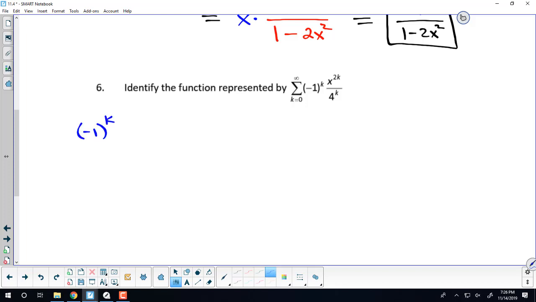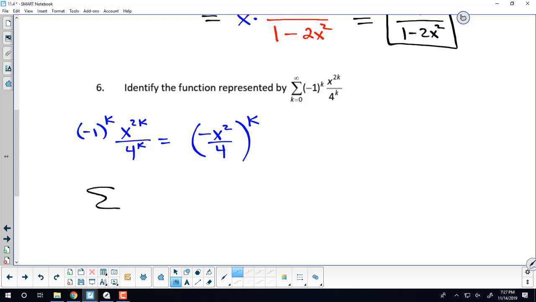So we're going to do the same thing here with this expression. Maybe this one's a little more straightforward, because we have all of this stuff to the kth power. It's x squared over 4 times the negative 1, all of that to the k. So we write negative 1 times x squared divided by 4, all to the kth power, and we're dealing with that series from 0 to infinity.